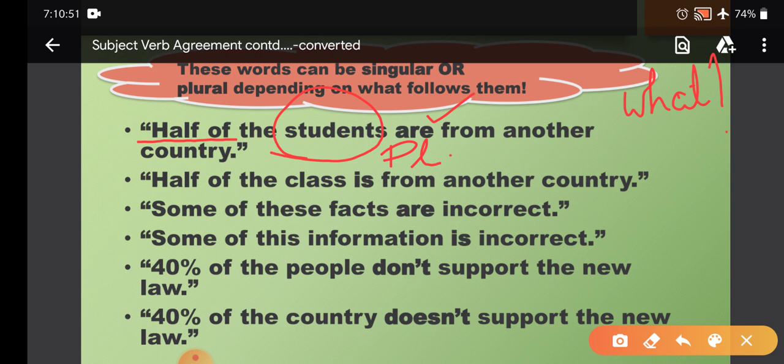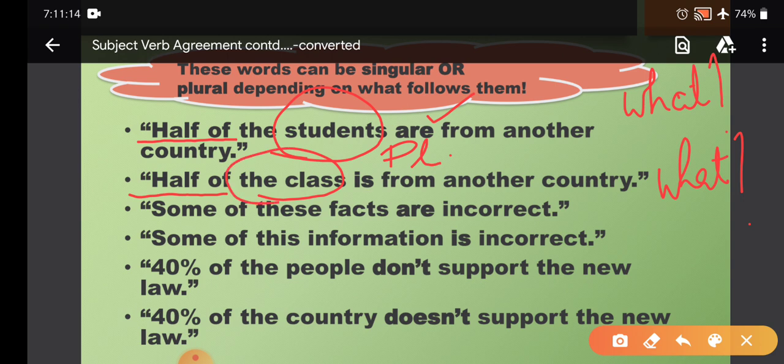Half of the students are from another country. For the same example, I will show you the singular one so that you understand. Again, half of... you ask, half of what? Half of the class.